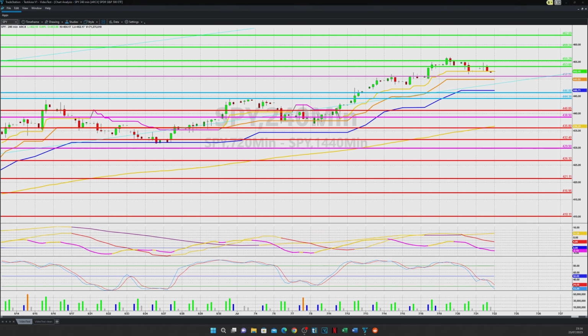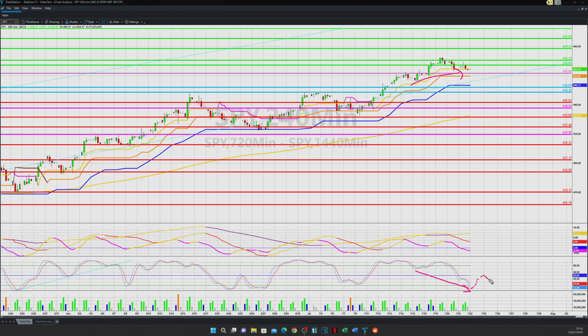So now you can see it here. This is moving down. This is from here. This is moving up. So there is a continuation, but I want to see the break to the upside here, and then maybe retest the 50 and then coming up to the upside, and I don't see it yet.